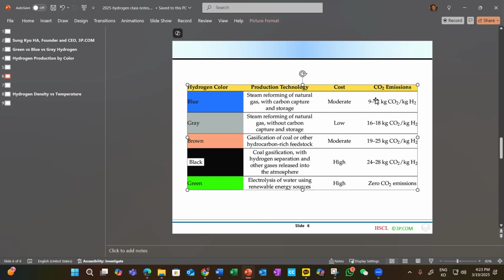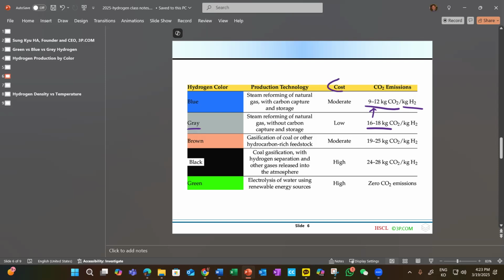So we just learned that through blue hydrogen we capture the CO2, but some CO2 is still generated, not fully captured, per kilogram of H2. But compared to gray, you can see that the CO2 can be reduced by capturing.